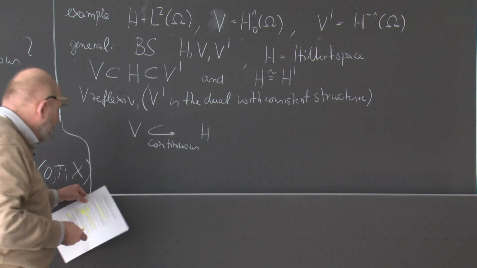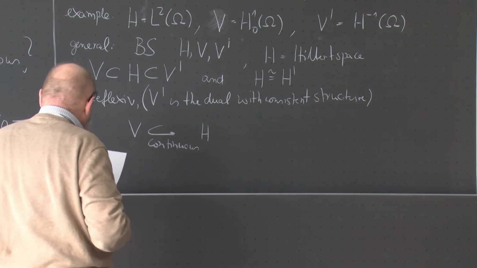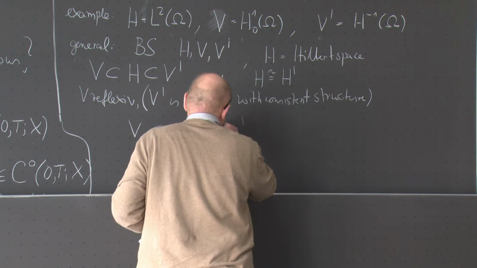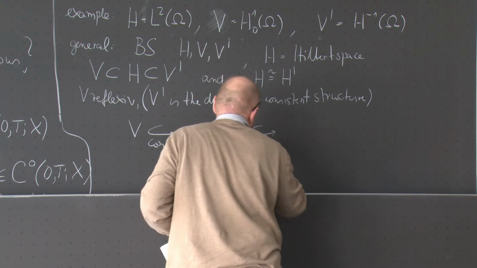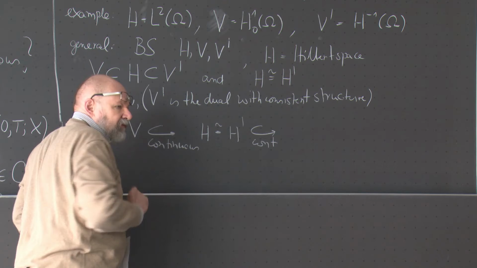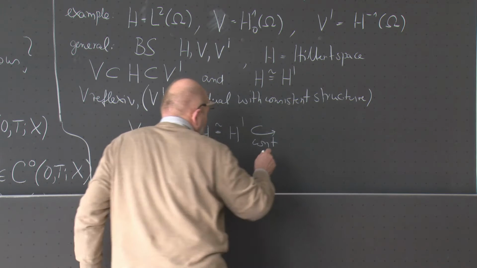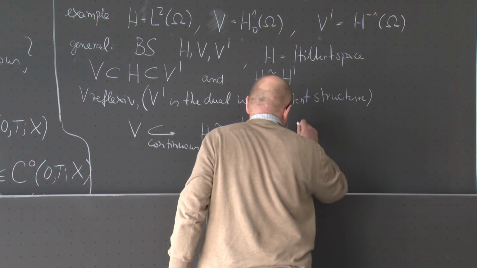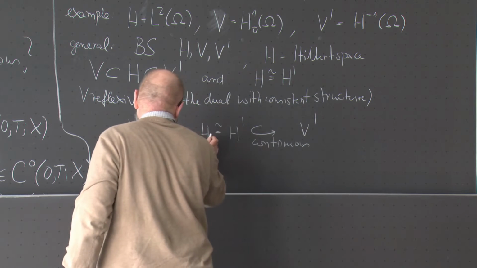That is the continuity here. Because of this identification, we have here, of course, also a continuous embedding. This sign usually means continuous embedding. Here we have also the continuous embedding with the V prime, if this is the dual.